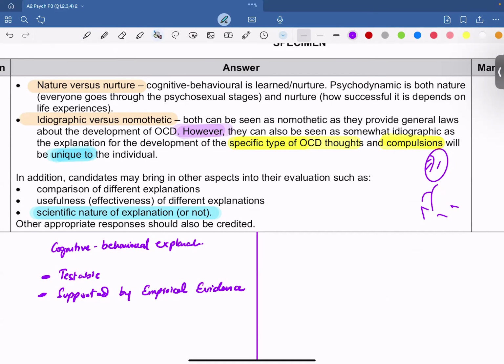On the other hand, as I speak about psychodynamic explanations, these psychodynamic explanations, I could say, are merely based on speculations, or I could say they lack objective measures.